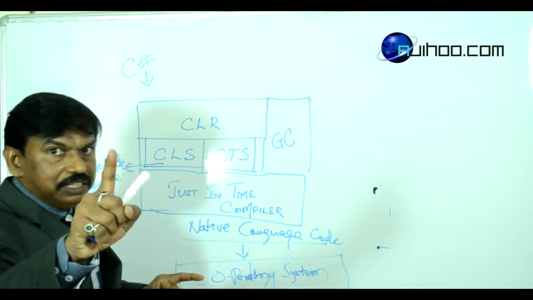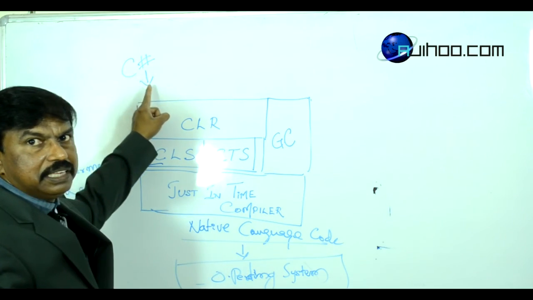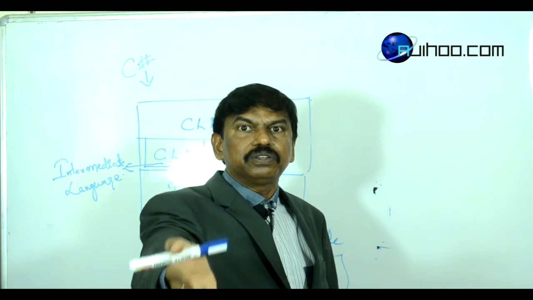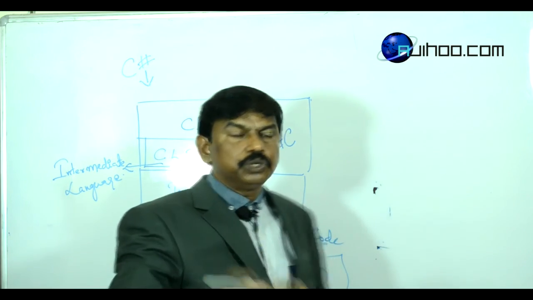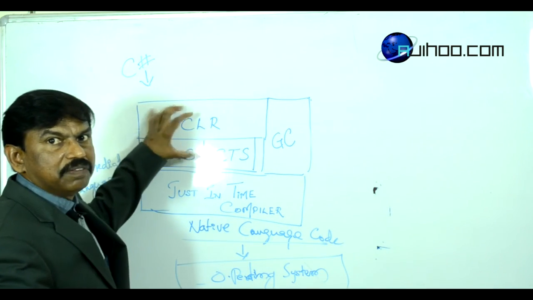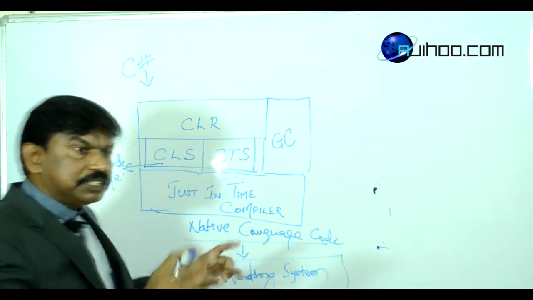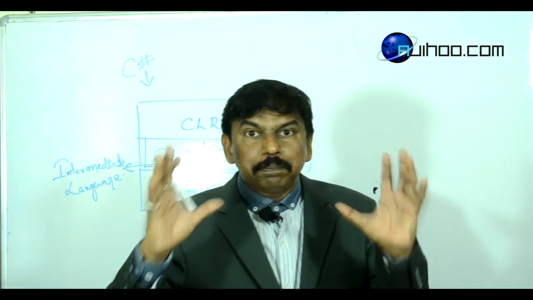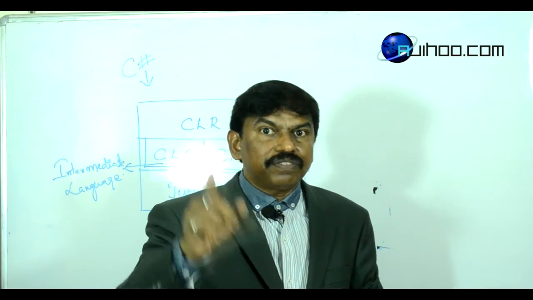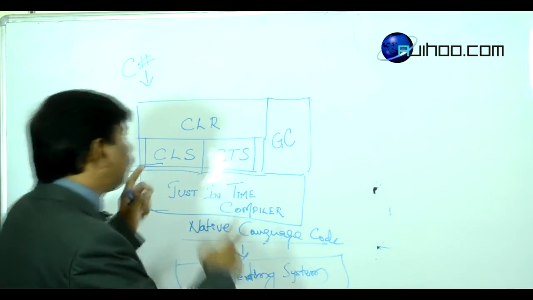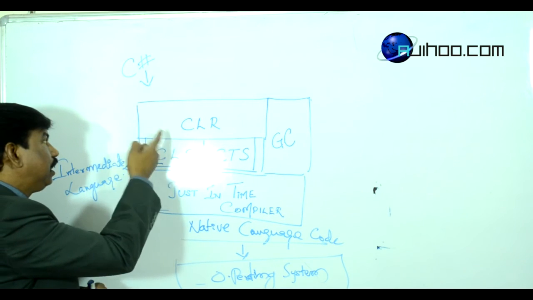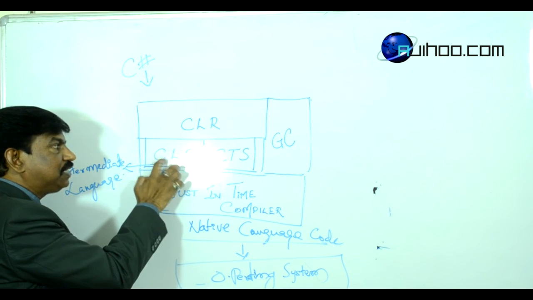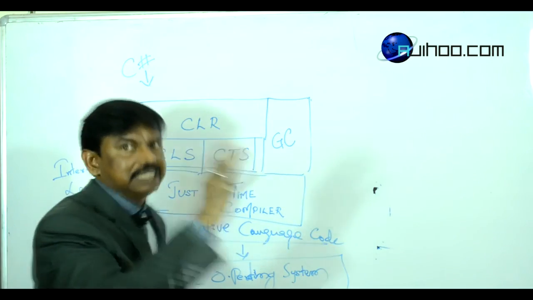Once again, I will tell you, C# language defined by Visual Studio, defined by Microsoft, will be coming to this common language runtime. Common language runtime will have predominantly a compiler. This Microsoft compiler will convert this C# language into intermediate code with the help of CLS and CTS.